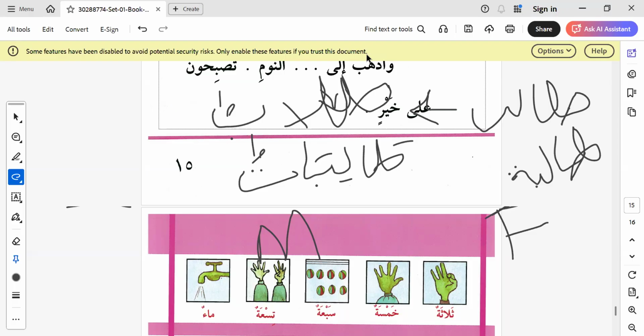So the first principle is the ma'dud and the adad must be opposite in gender. Can I move on? Number two, the second principle: the relationship between the adad and the ma'dud is an idafa relationship. Take note of that, please.